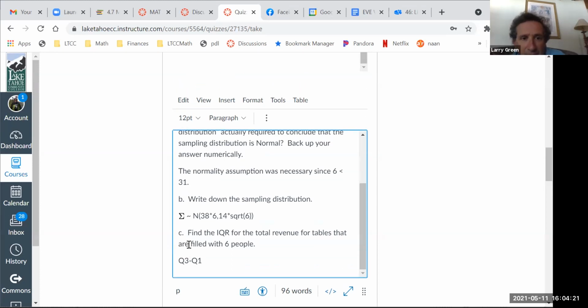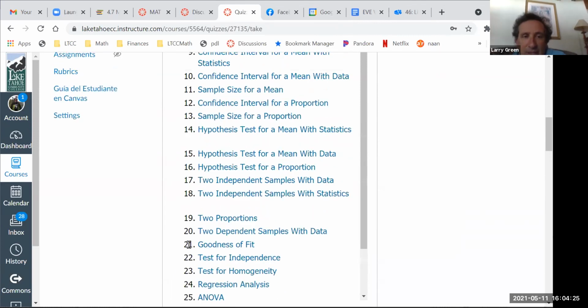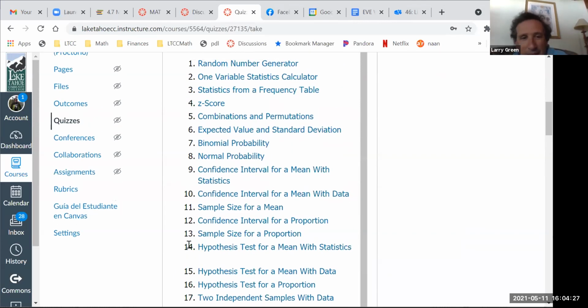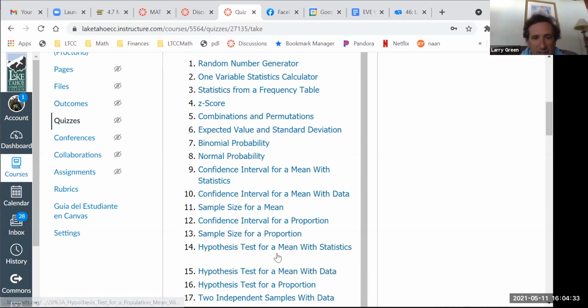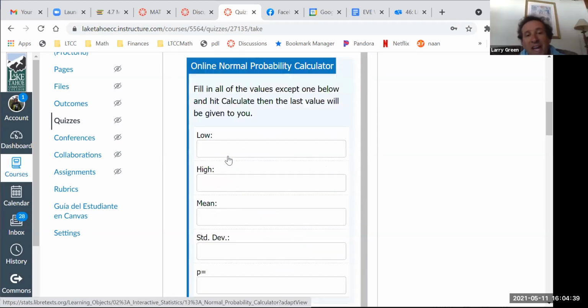Okay, so now what we can do, you can go to the calculator, which I decided to just directly embed, so you don't have to go anywhere. It's all there for you. And which calculator do we need? Normal probability. Yeah, we need the normal probability. That was the tilde n. Tilde n means normal probability.